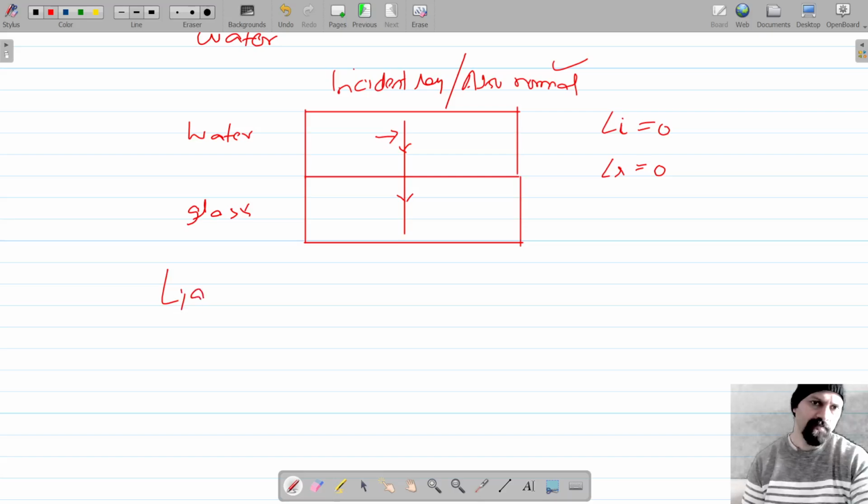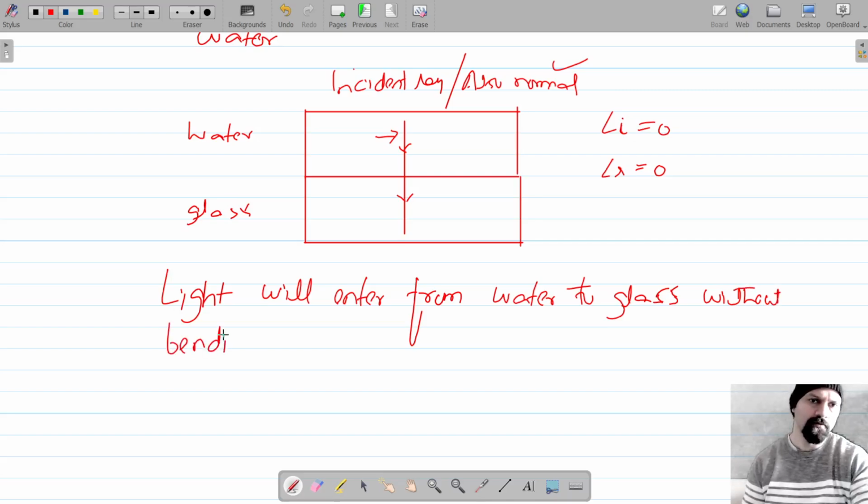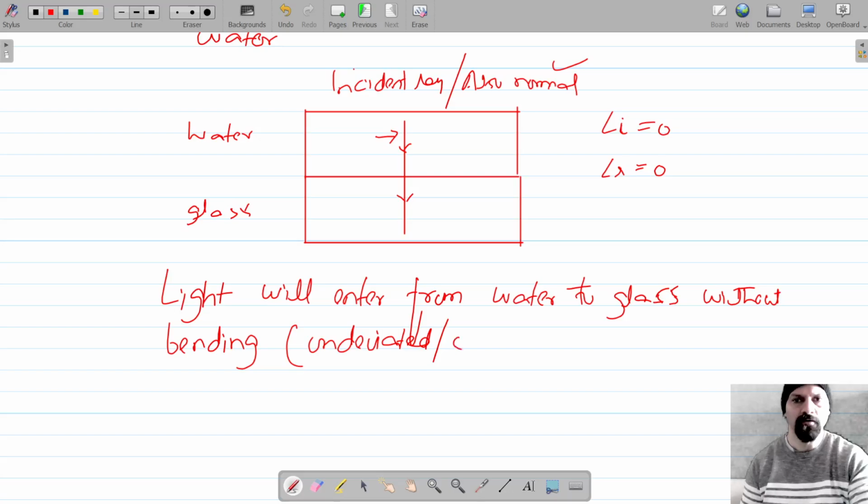We can say that light will enter from water to glass without bending, that is undeviated, or we can say that it will go straight. And reason is because angle of incidence is equal to zero.